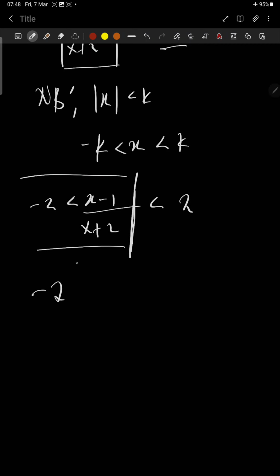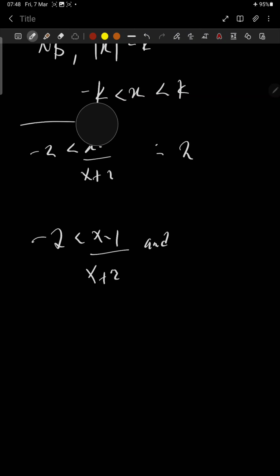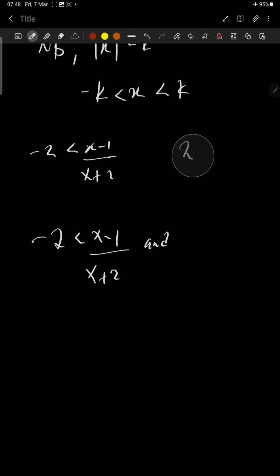I'm going to have negative 2 less than (x minus 1) over (x plus 2), and, and which one?